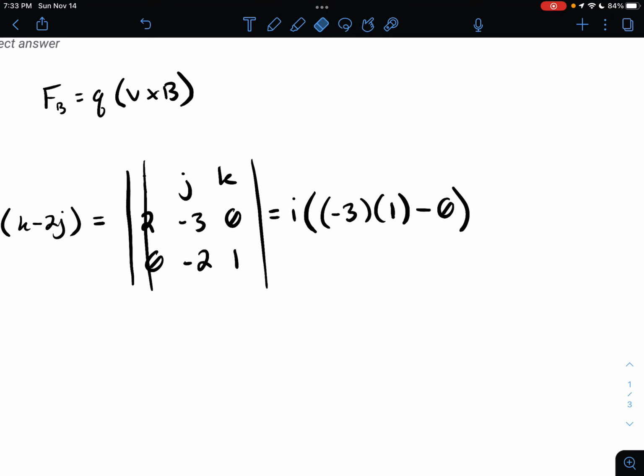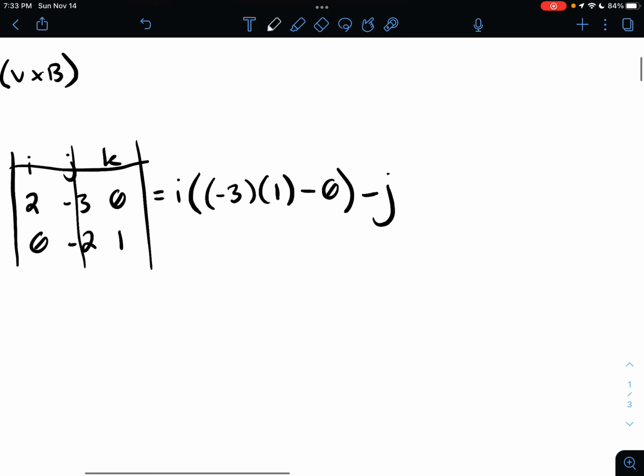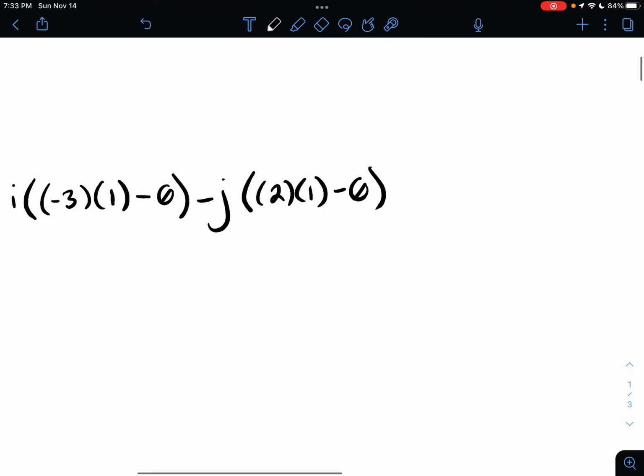And then we repeat that for the next one, but it's going to be minus our second term, cross out this, top left times bottom right, sorry, the J goes first, right? Top left times bottom right, which is going to be 2 times 1 minus 0 times 0, 0, okay?